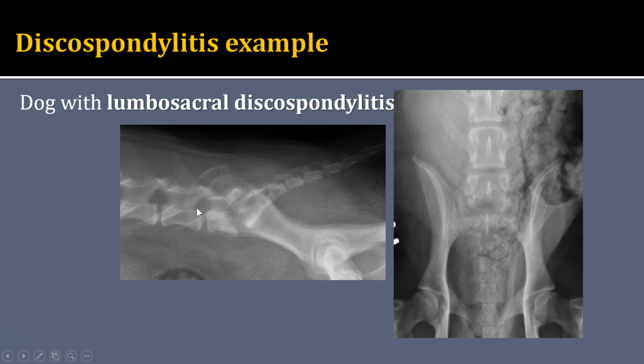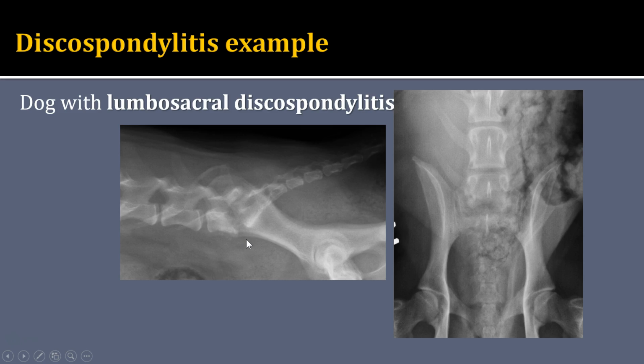Compare the ends of the bones and the intervertebral disc spaces here at L6-7 and L5-6. There is probably a little bit of irregular proliferation as well as indistinct sclerosis surrounding the areas of lysis. So these are very classic findings of discospondylitis.